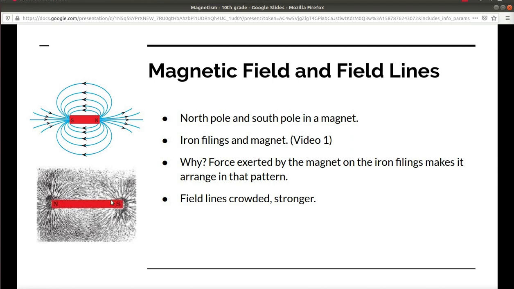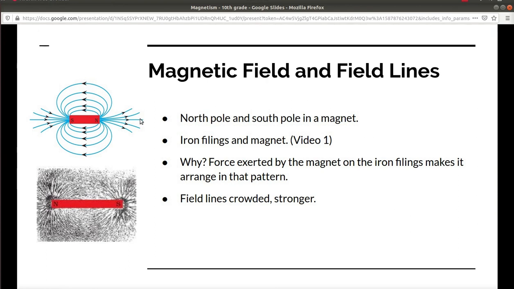By the way, these blue lines that you can see in this picture are called field lines. Wherever the field lines are very crowded, that is where the magnet is the strongest. So in the middle, there is not as much strength as in the edges, which is why the field lines are much more crowded in the edges and not that crowded in the middle.